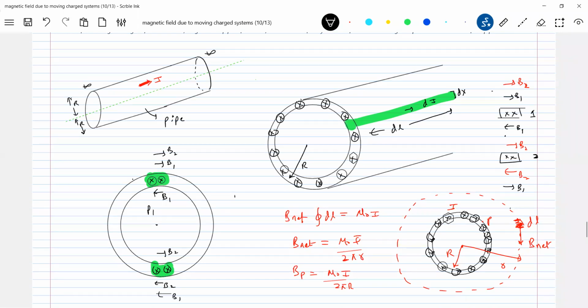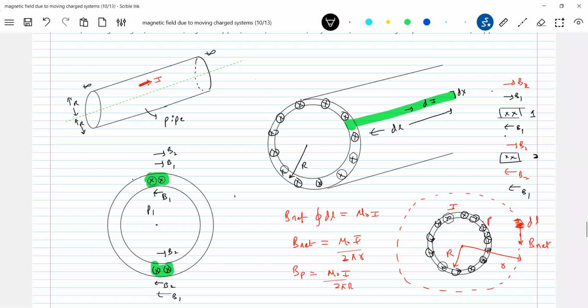Sir, at the bottom, the B1 should be towards the left, no, sir? Yes, sir, at the bottom. Okay, fine. Now, what is B1 plus B2? It is BP, on the surface.